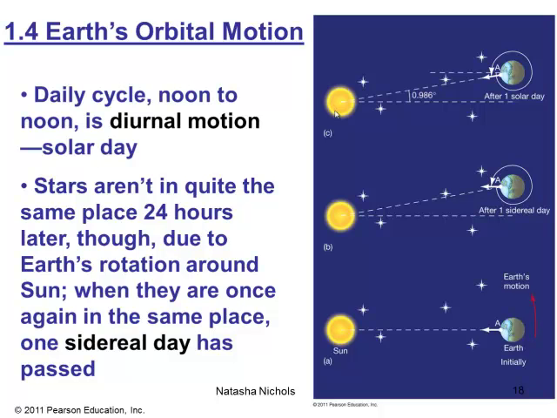Consequently, between noon at point A on one day and noon at the same point the next day, Earth has actually rotated through 361 degrees as shown in frame C, and the solar day exceeds the sidereal day by about 4 minutes. Now, these diagrams are not drawn to scale. The true 1 degree angle is in reality much smaller than shown here, but this illustrates the point very clearly.